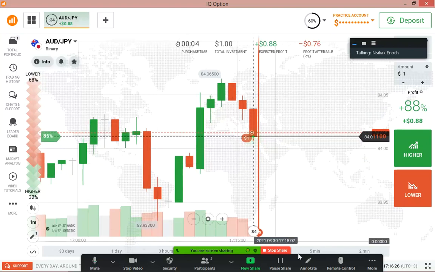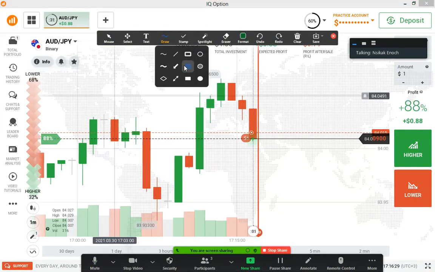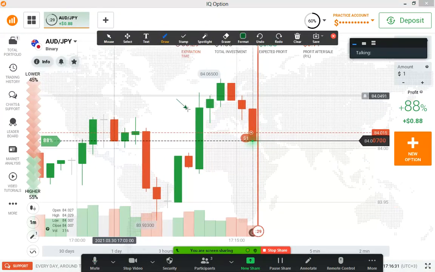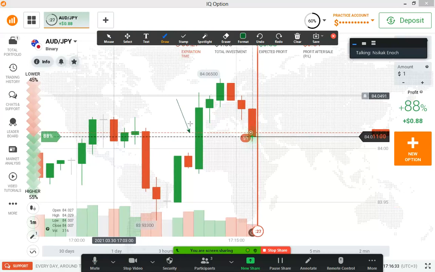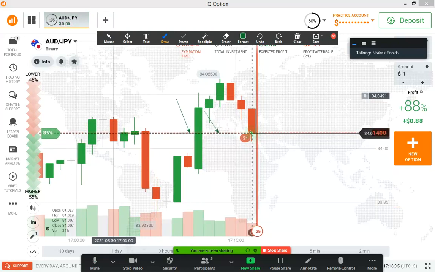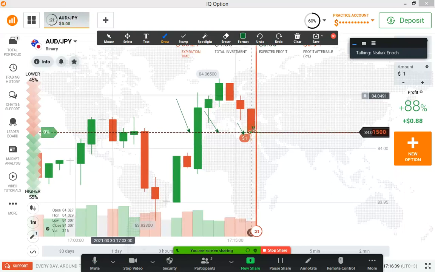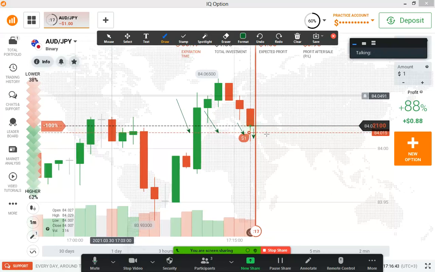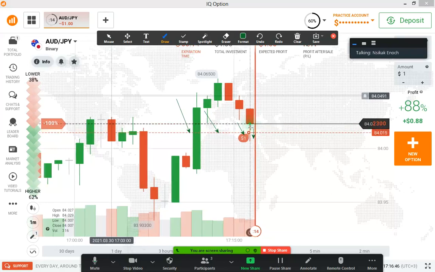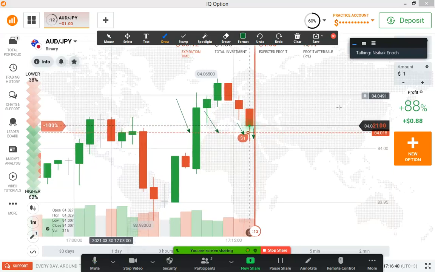This is my strike price. Let me show you. This is my strike price because I place put. So the price should be able to close below my strike price for you to give me a winning trade. If it closes above, I'm still in loss.